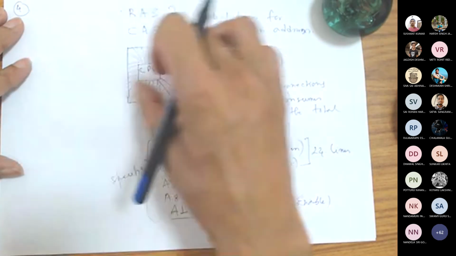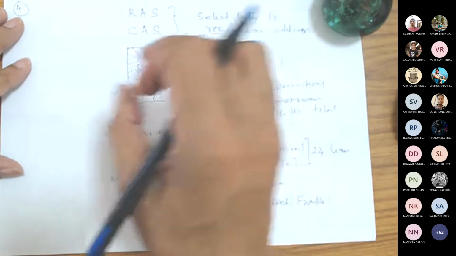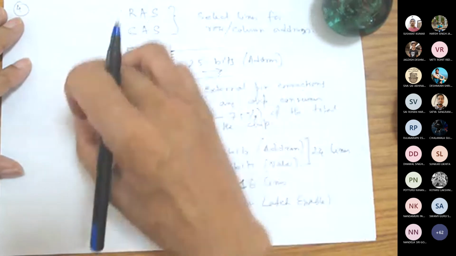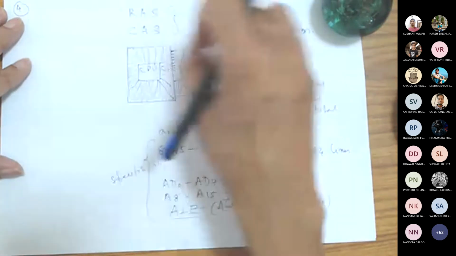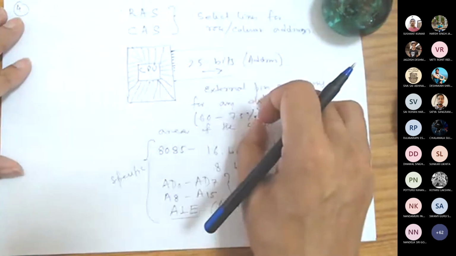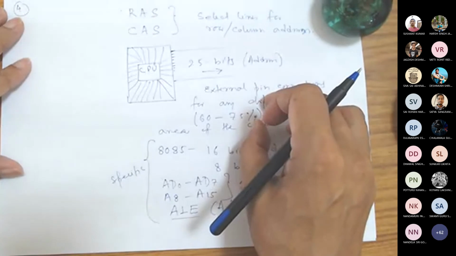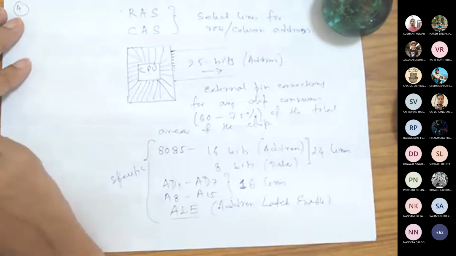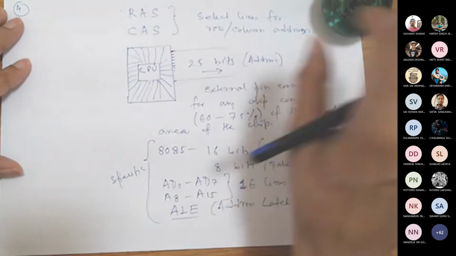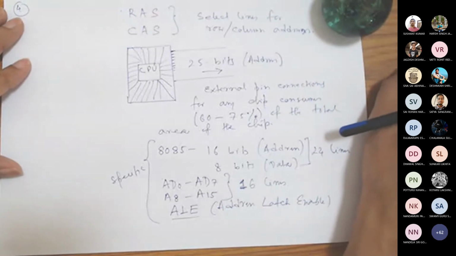So first you latch the row address, you select the row, and then you latch the column address. During a read or a write operation, the row address is applied first.